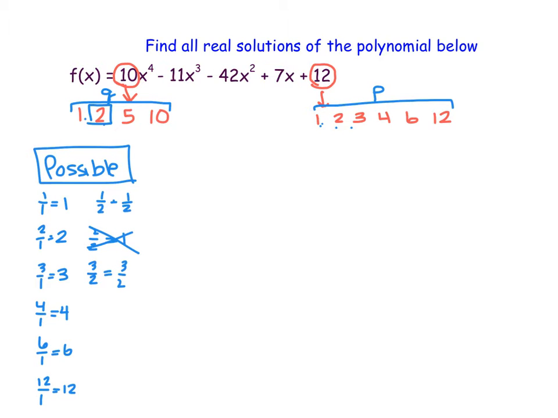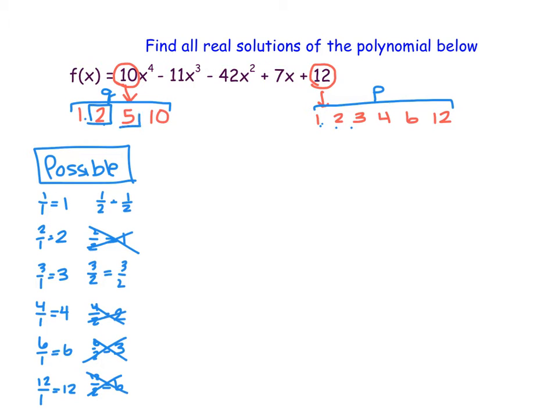I then take 4 over 2, which simplifies to 2 and is a repeat. I then take 6 over 2, which is equal to 3 and is a repeat. And then I take 12 over 2, which is 6, and is a repeat of a previous number.